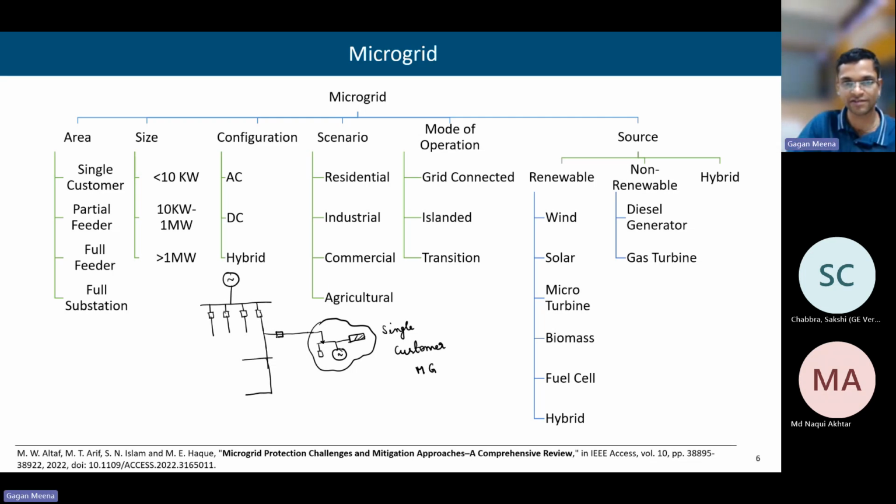Here one breaker is there, and this is one lateral of this feeder. And it can have another microgrid.